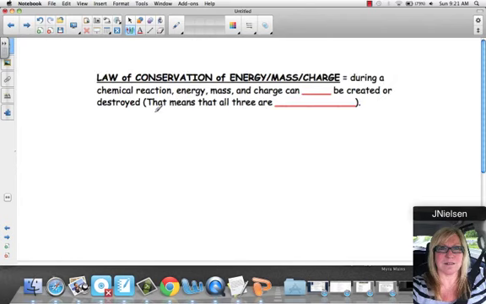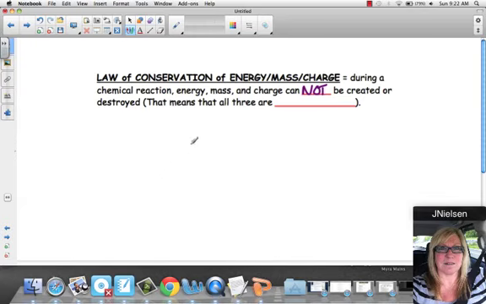In order to talk about this, we have to talk about the law of conservation of energy, mass, and charge. During a chemical reaction, energy, mass, and charge cannot be created or destroyed. So what I start with, I must finish with. It can be arranged, so mass can be arranged in one form or another.